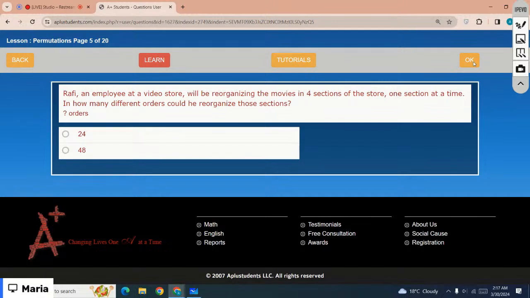Rafi, an employee at a video store, will be reorganizing the movies in 4 sections in the store, one section at a time. In how many different orders could he reorganize these sections? So, which is the correct option? 4 different sections, right?